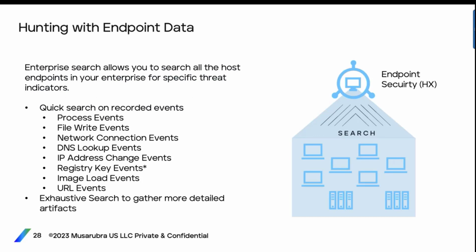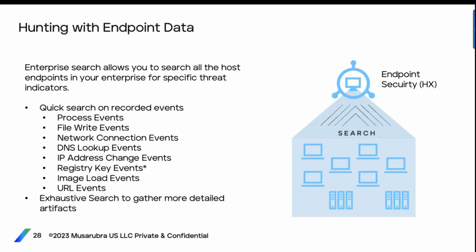So let's look at how else we could get that data with the endpoint piece of XDR, whether that's Endpoint Security HX, if you're coming from that side of the house, or if you're coming from the Trellix EDR side, you can leverage that tool to search your endpoint data.